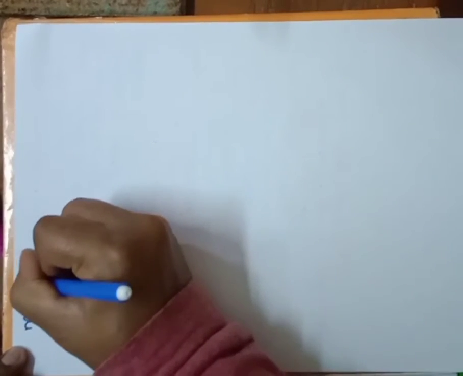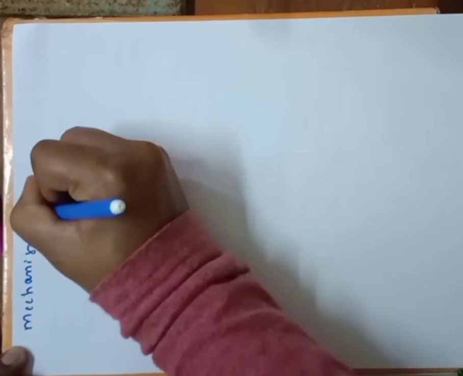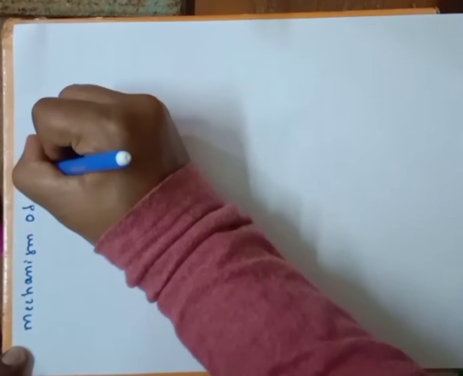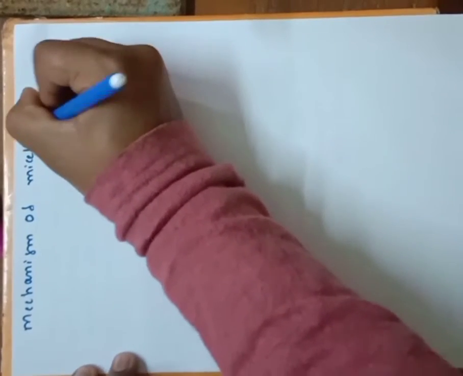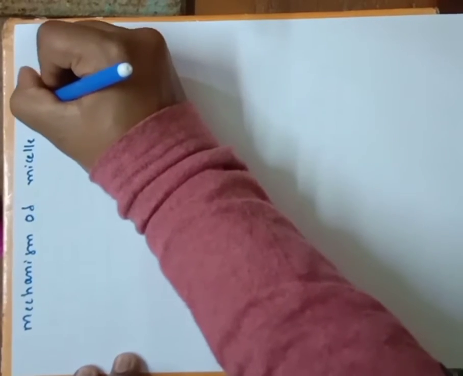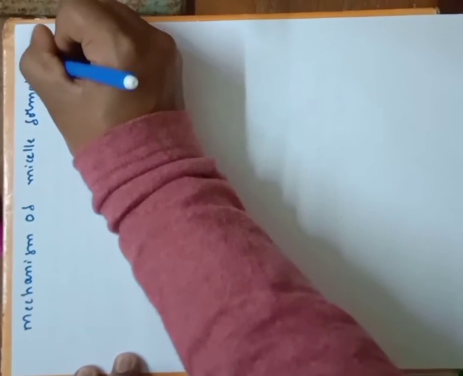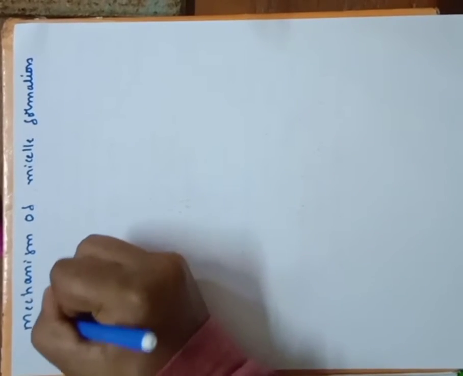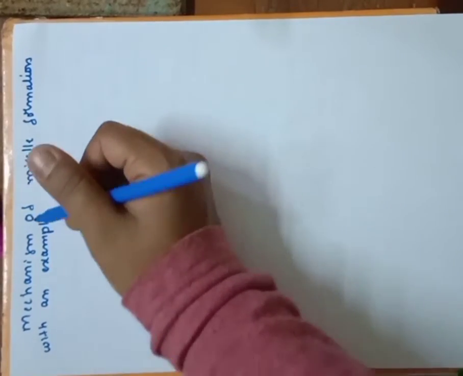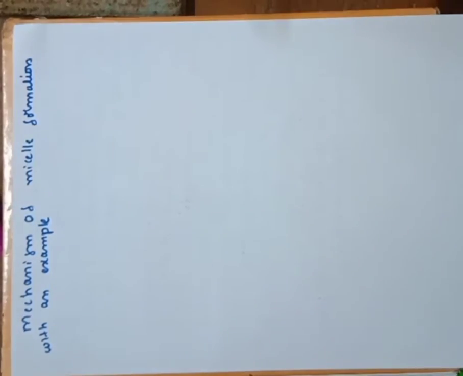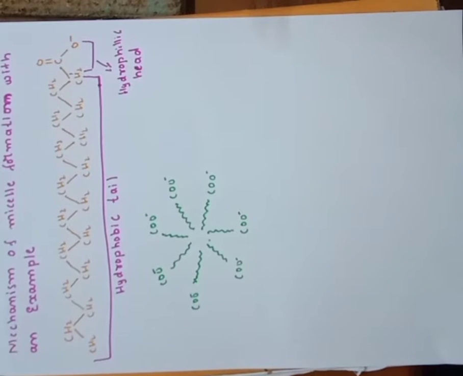The next concept is the mechanism of micelle formation. A micelle is an electrically charged particle. While explaining the mechanism of micelle formation, I took the example of soap.